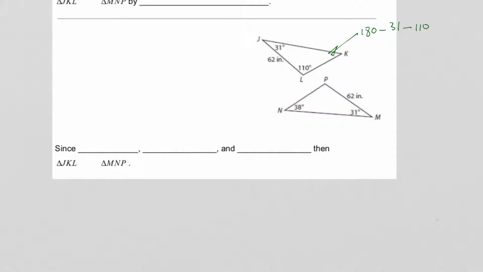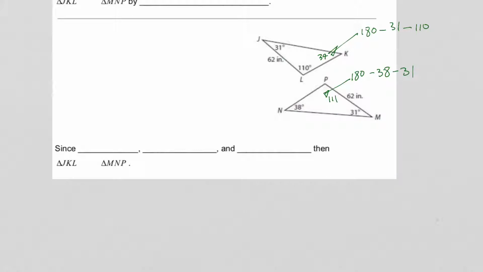So this angle K here is 39 degrees. And that angle right there is going to be equal to 180 minus the other angles, minus 38 and minus 31. So 180 minus 38 minus 31. So this angle is 111.